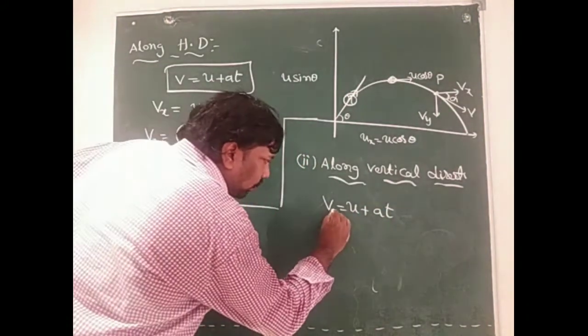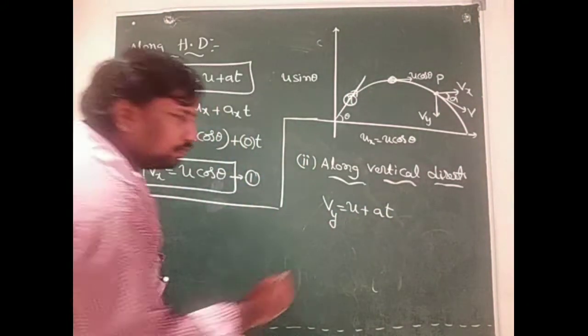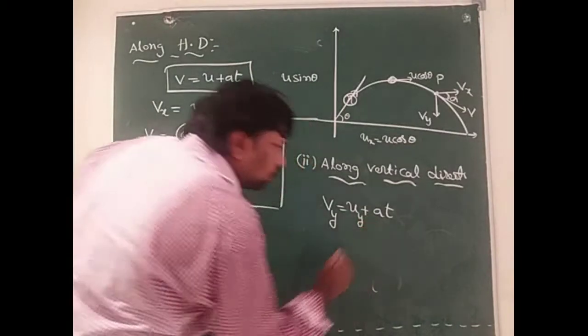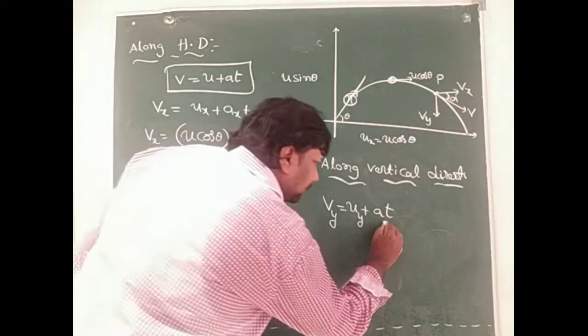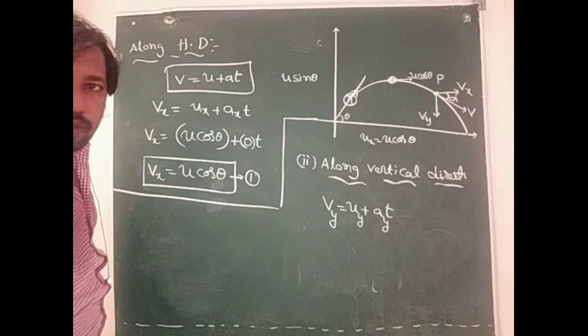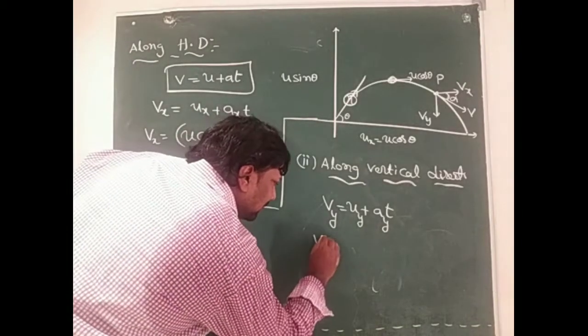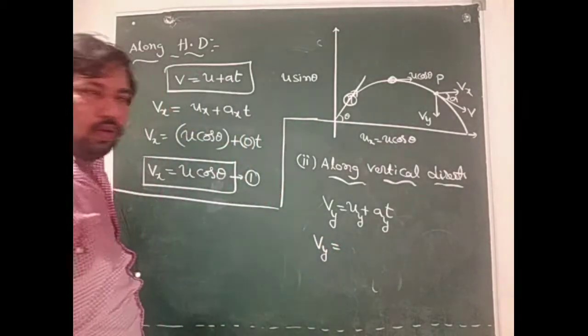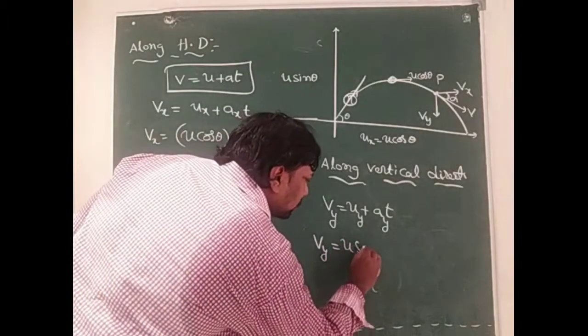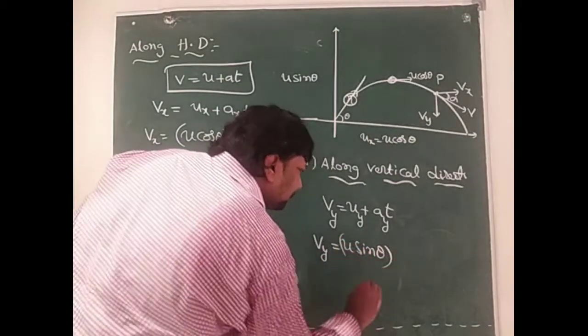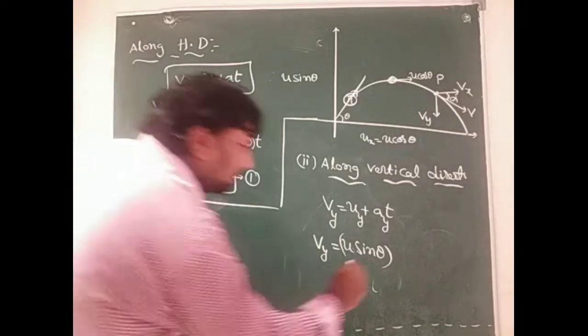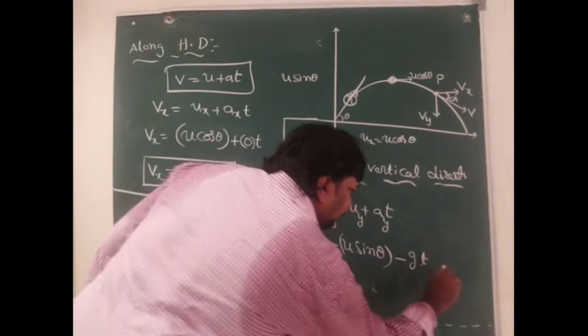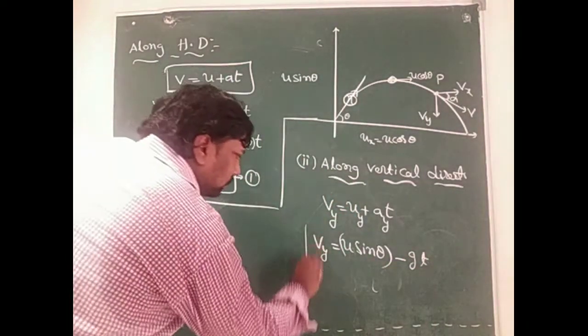So here along vertical direction, that is vy, initial velocity uy and acceleration ay into t. So here vy is equal to uy, means u sin theta. Here ay is minus g, so minus g into t. Okay, so this is the vy.